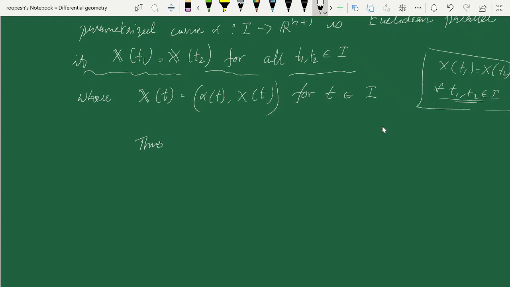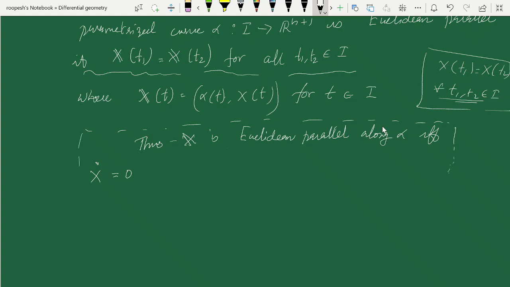So thus X is Euclidean parallel along alpha if and only if the condition is X dot, the derivative, is equal to 0.